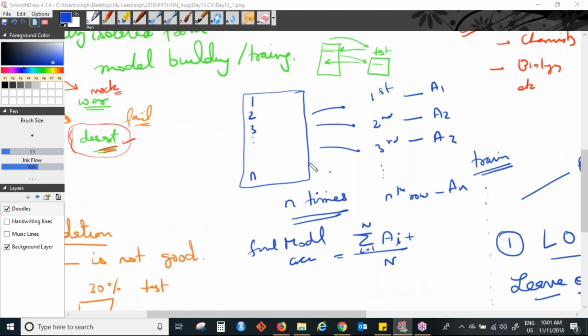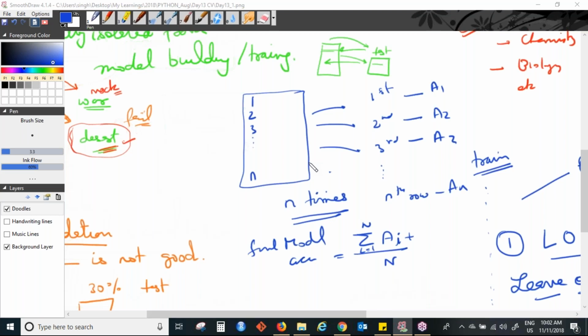So if your army is very good in desert, you will think that your army is very good everywhere else. Or if your army is very bad on desert, you might feel that your army is overall very bad. But maybe that is one exception point. Maybe that is an outlier in your data. So that validation set might be an outlier. So you cannot take a decision just based on an outlier. You have to take a decision overall.